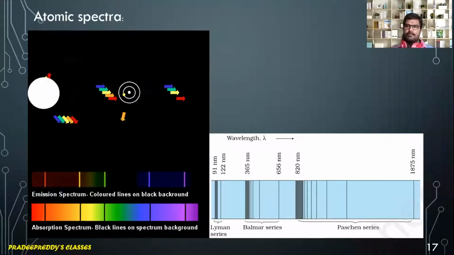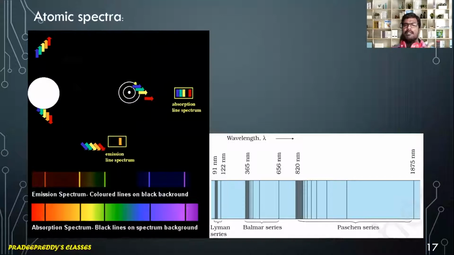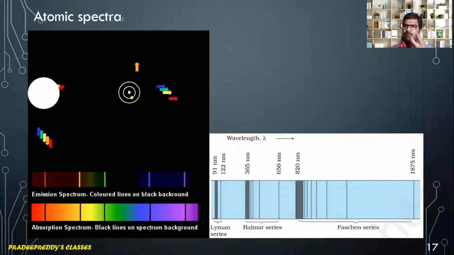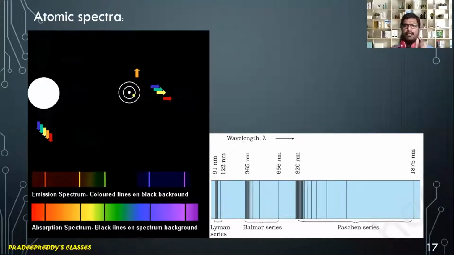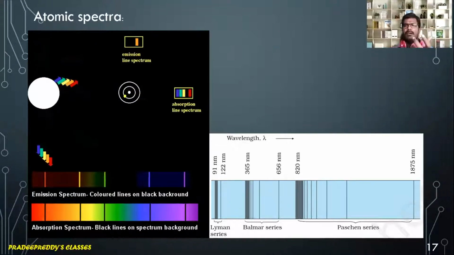That is absorption. So the atom is absorbing one particular color. That depends upon the energy states of the electron of that atom. Which color of light it absorbs depends upon which atomic orbital the electron is present in. Likewise, depending on its size, the molecule or atom will absorb.